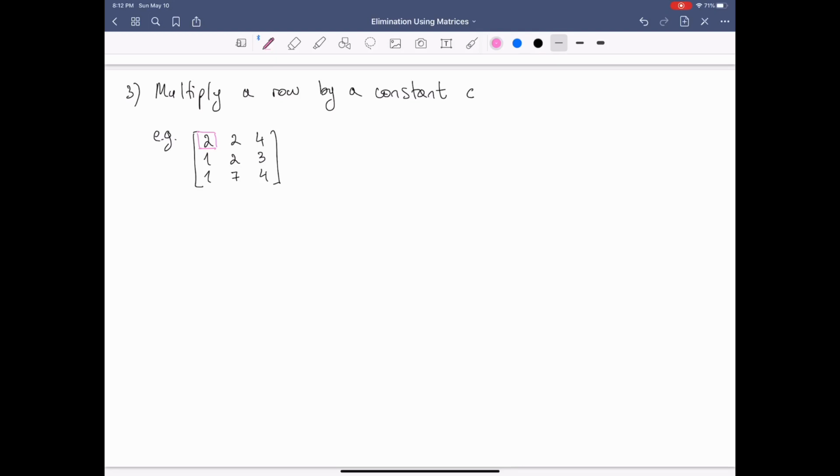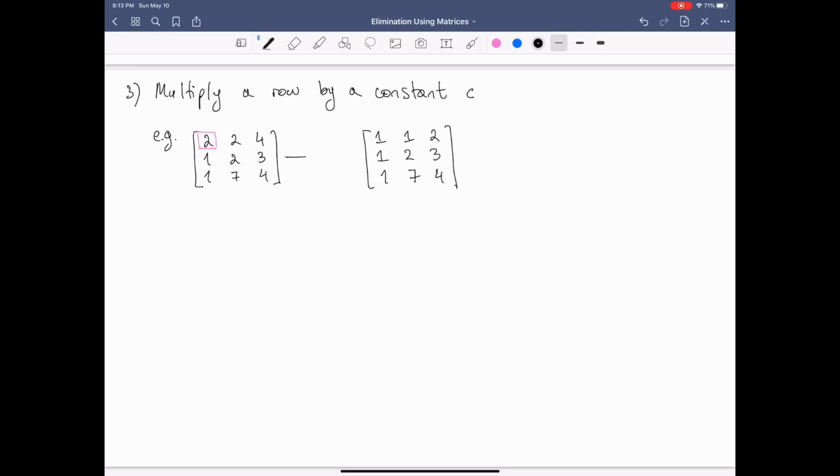I would want the matrix to be 1, 1, 2; 1, 2, 3; 1, 7, 4. So you see the second and third rows are just copied. Although I don't really have an augmented matrix here, I could put some b vector. But the idea is we can do this.